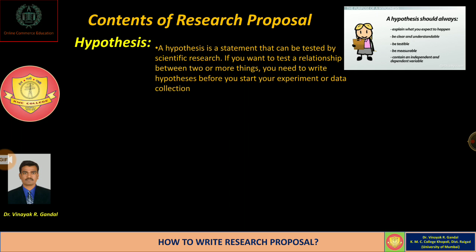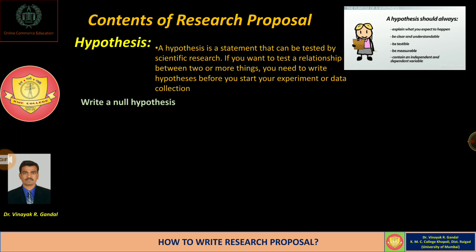If you want to test a relationship between two or more things, you need to write a hypothesis before you start your experiment or data collection. So, whatever the learner is going to undertake in his entire research, normally each learner or researcher is required to determine or fix some predetermined statement about the things or facts. Okay.